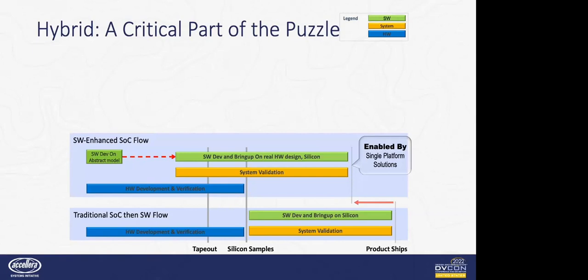Now, we put together a model early on in the process. It's probably abstract and doesn't represent our final design, but it lets us do some software development until it doesn't. What many of you have found is that without being a representation of the final model, we have to pause until we've gotten far enough along in our hardware development to bring in a virtual platform of the final model.